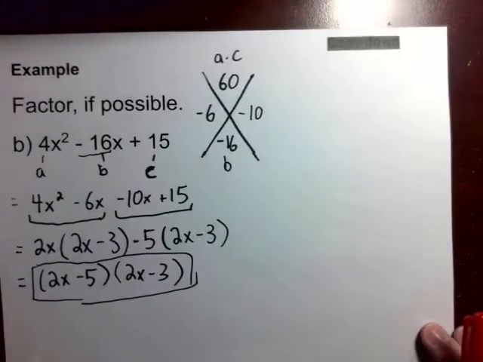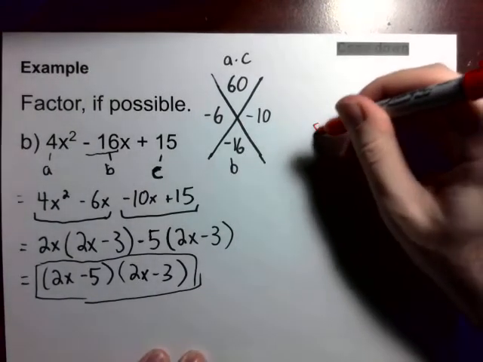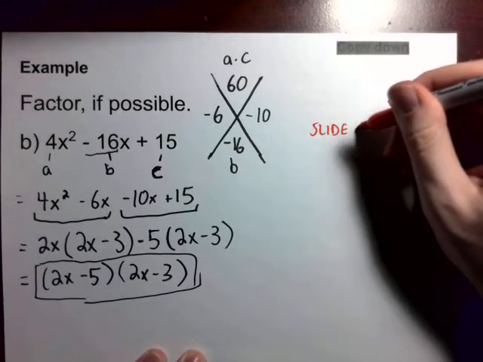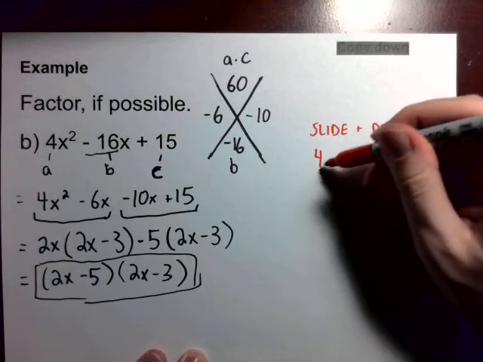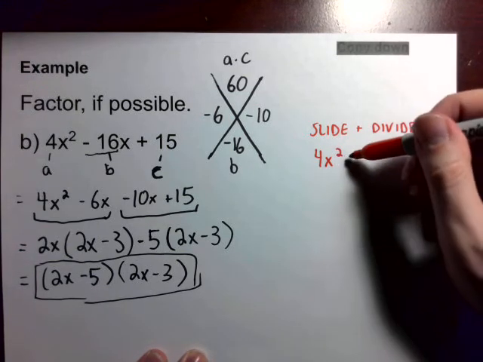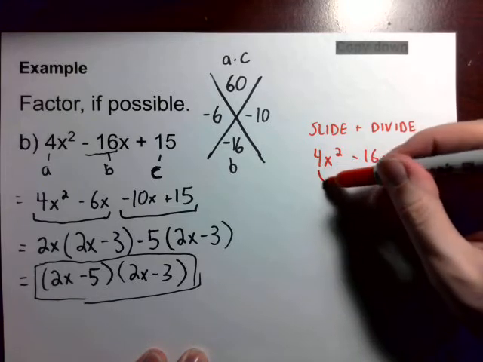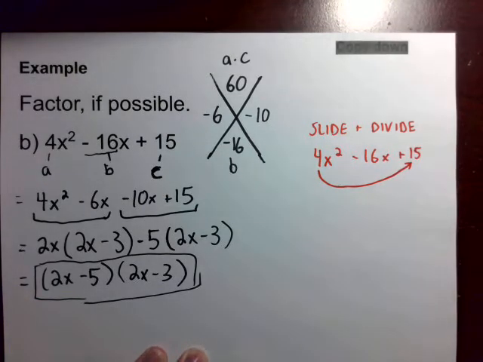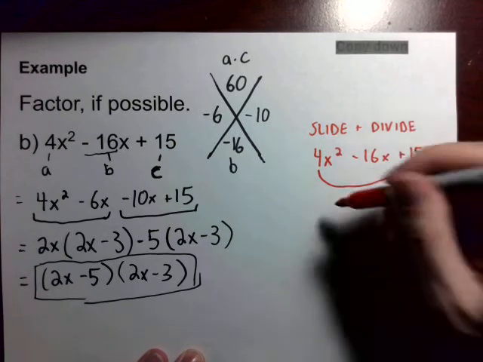And then we'll also show it using the slide and divide method. So for slide and divide, we will start off by rewriting the expression. Our first step is to slide the a value over to the c value, and then rewrite the expression so that it's a trinomial instead, multiplying this number by that number.